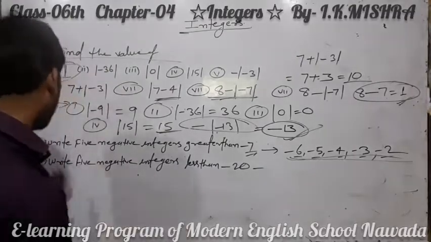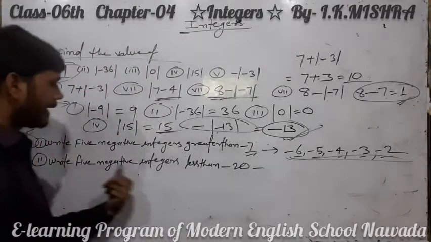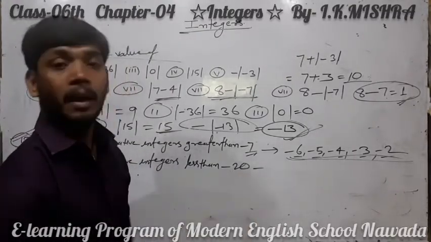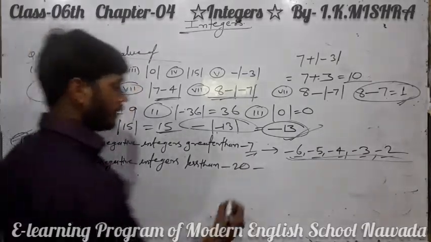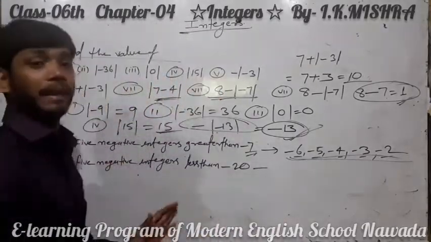Students, I write the next question, write 5 negative integers less than minus 20.